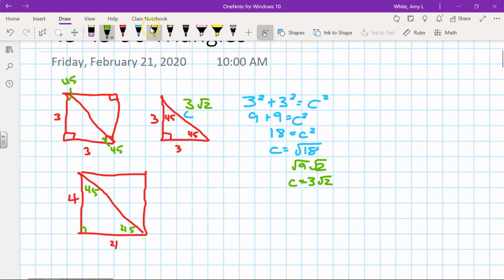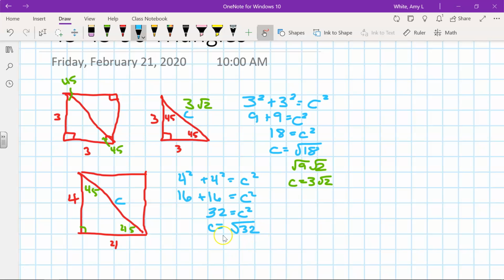And let's use the Pythagorean theorem again to calculate the length of that diagonal. So we're going to do 4 squared plus 4 squared equals c squared. That would be 16 plus 16. So c squared is 32. And we know that c will be the square root of 32.